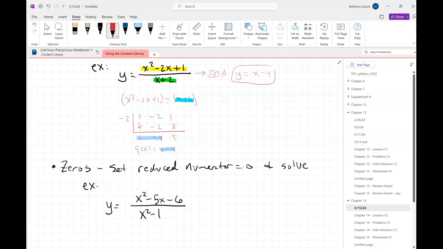So note that this is the reduced numerator. So the first step I want to do is factor to see if I can do any reducing.